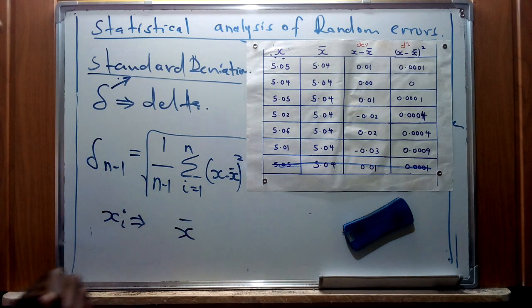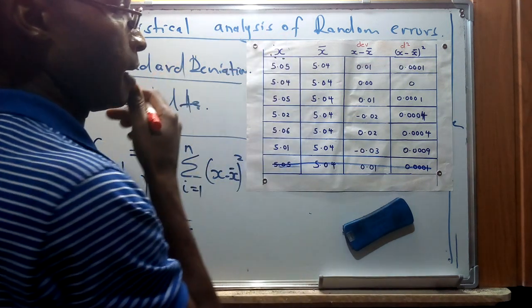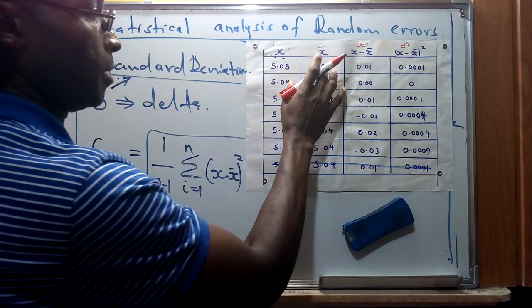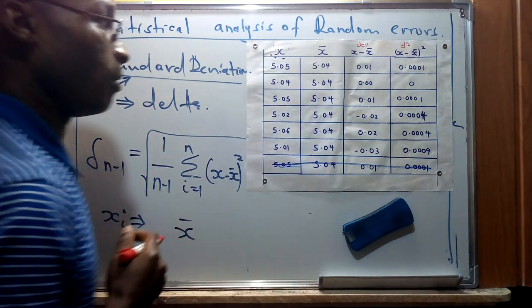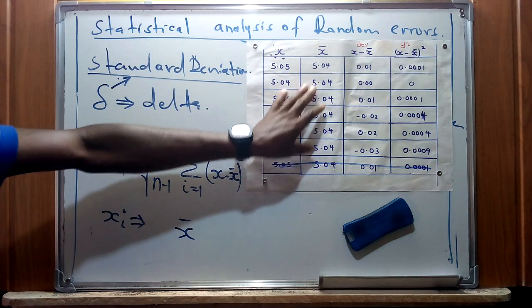Next, for us to find the deviation from this data, we're going to find the difference between this mean and the value for x that was obtained from the first trial, second trial, respectively.